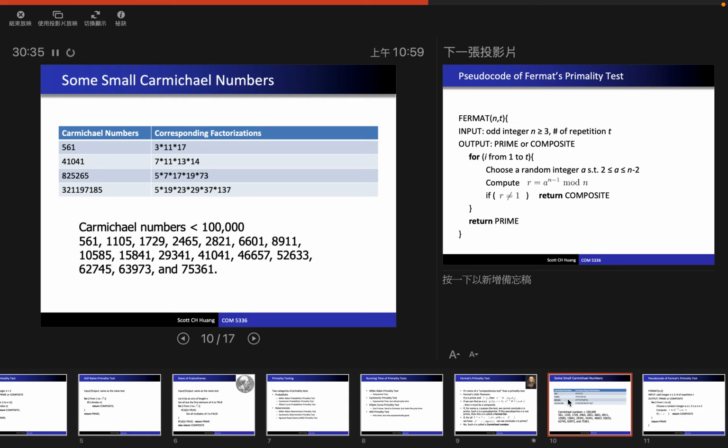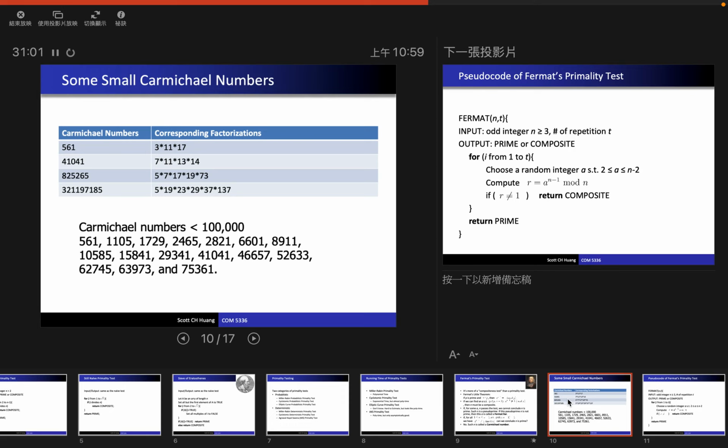There are about 20 something, like 17 or so. These are Carmichael numbers, so they fail. If you use Fermat's little theorem, these numbers will always pass for any a.